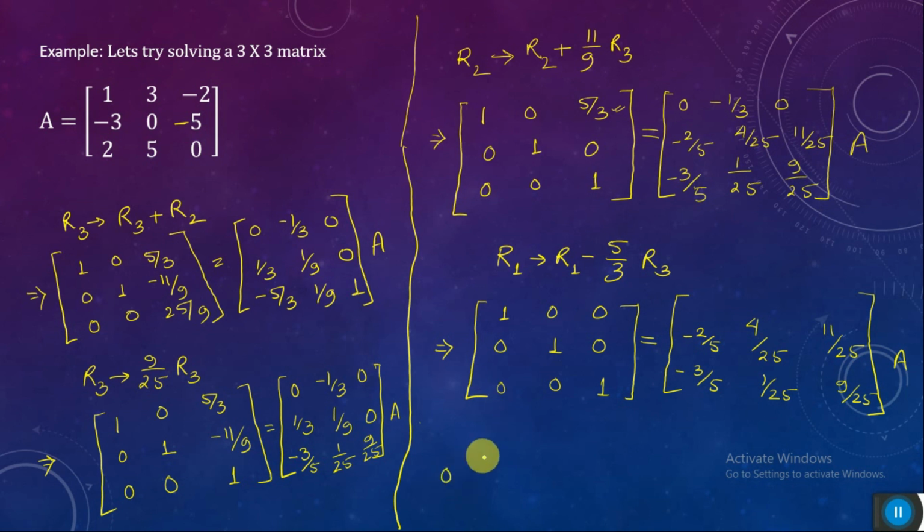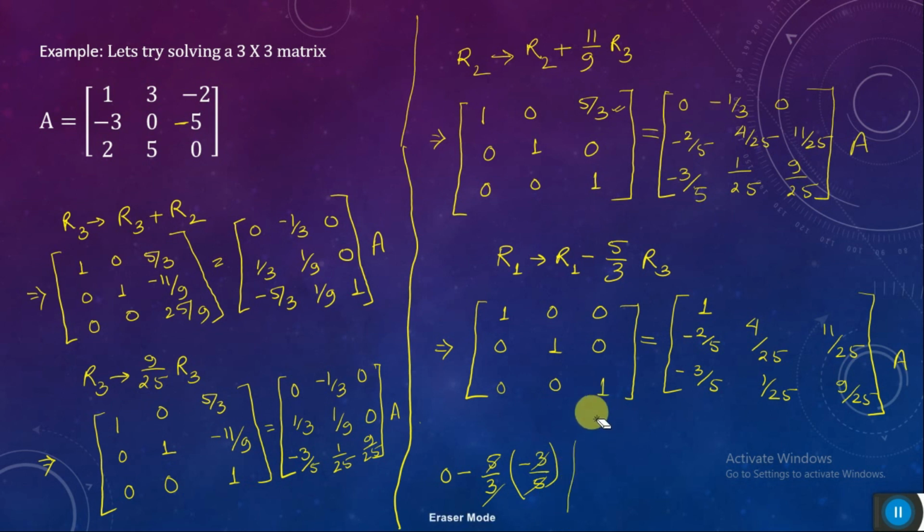Row 1 is 0, here 0, minus 5 by 3, 3 of row 3 minus 3 by 5. This and this cancel, this and this cancel. Don't say 0 remaining. There is 1 remaining. So minus minus plus, plus 1 is remaining here. Clear?